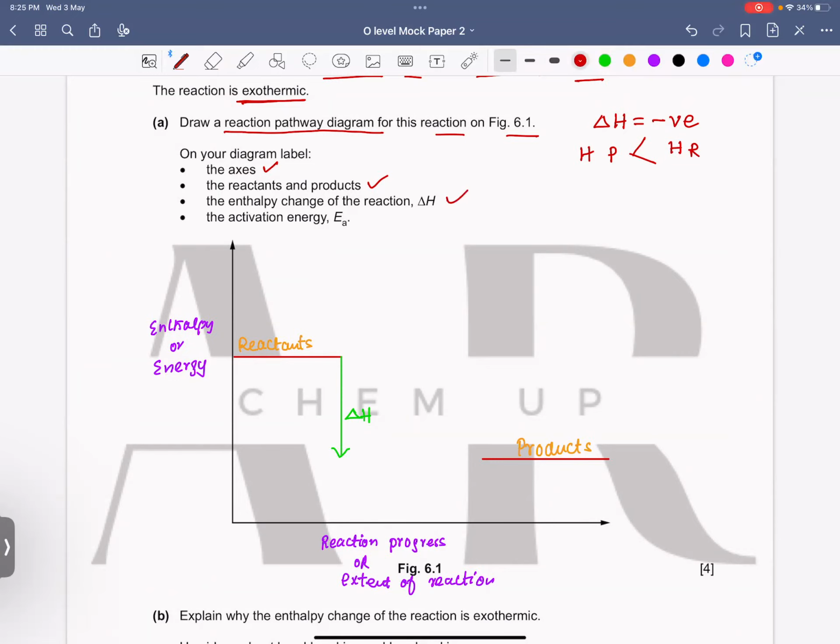Now the fourth part is the activation energy, and for activation energy I have to draw this arc-like shape over here.